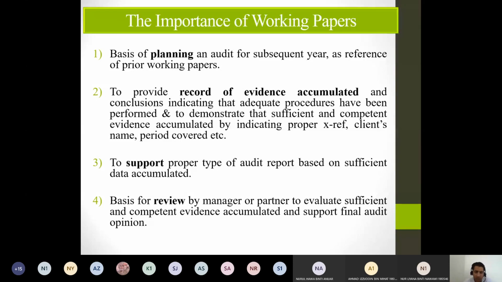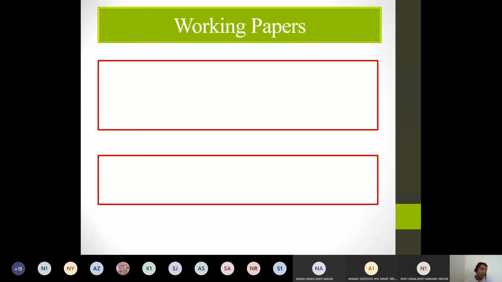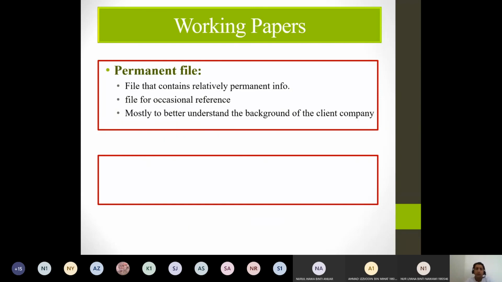And lastly, it's the basis for review by managers or partners, the point that I mentioned. So this is the importance, and that one is the purpose, but both are serving the same thing.